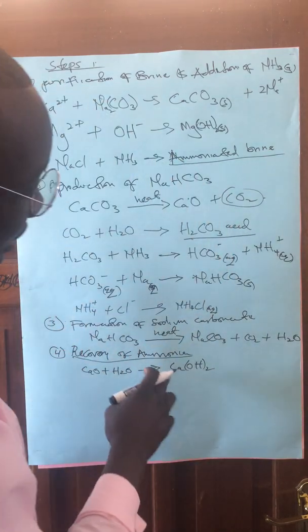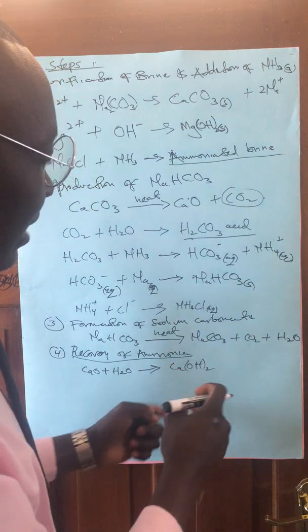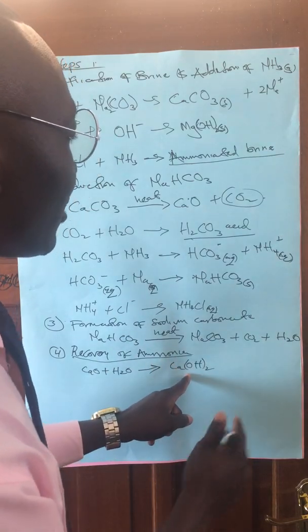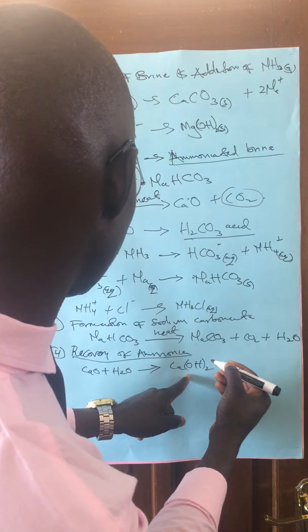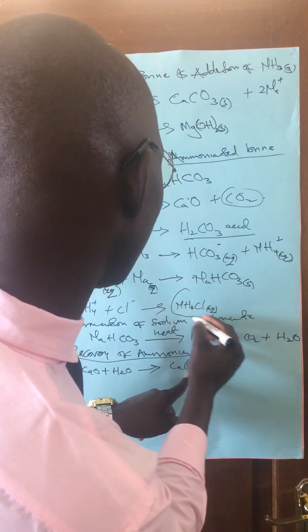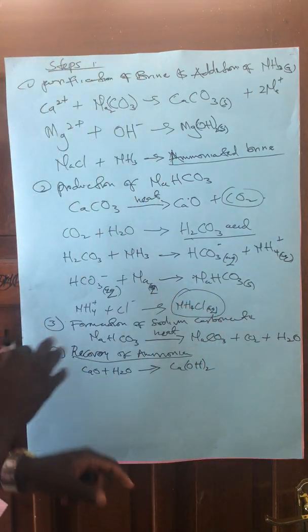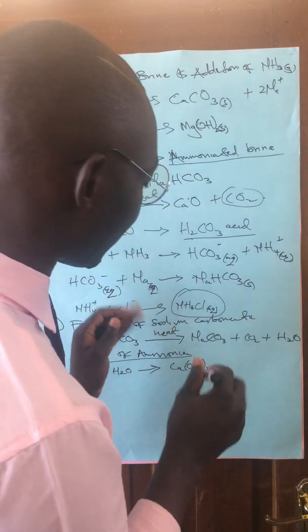When we form this calcium hydroxide, the calcium hydroxide is going to react with this ammonium chloride that we were left with as a filtrate.